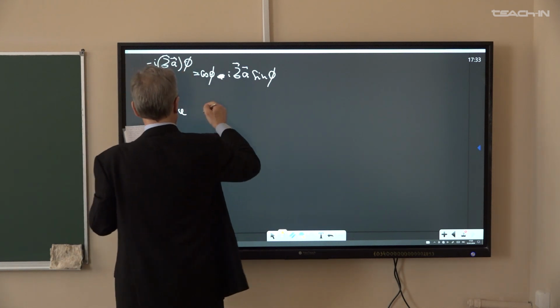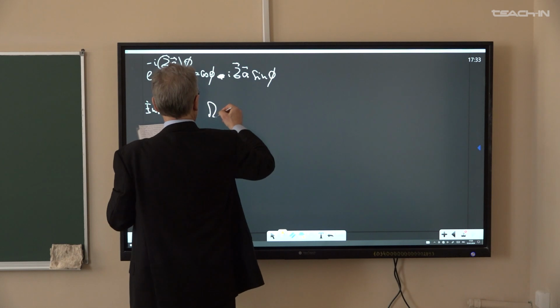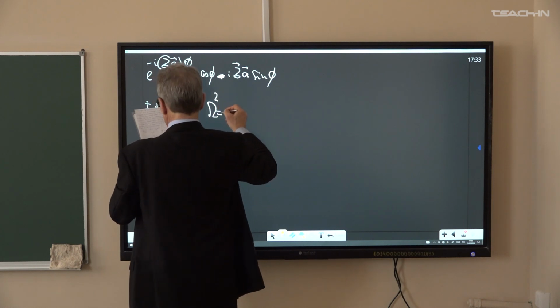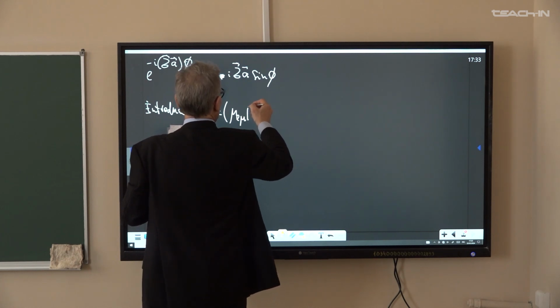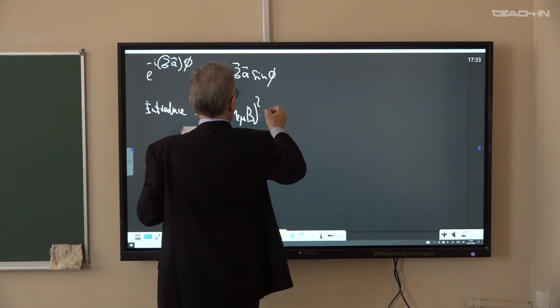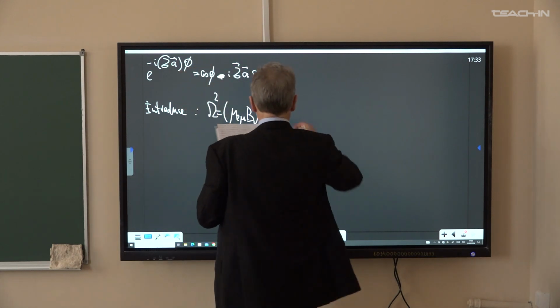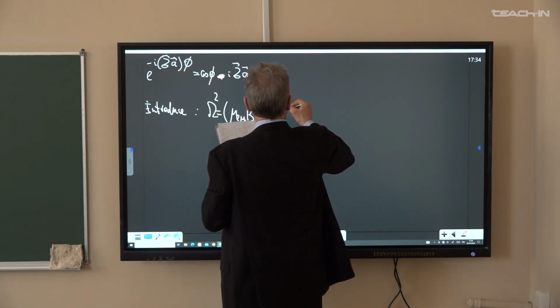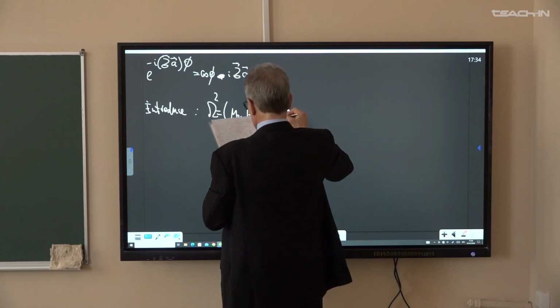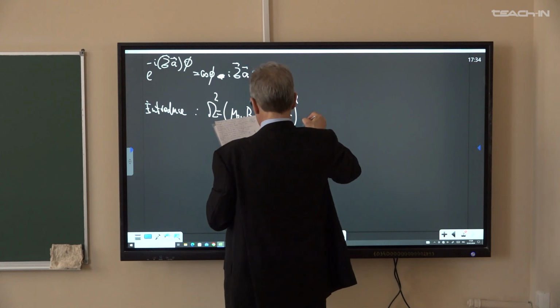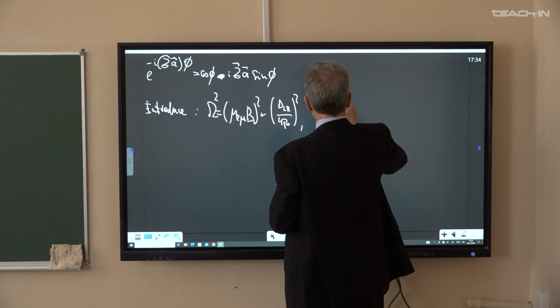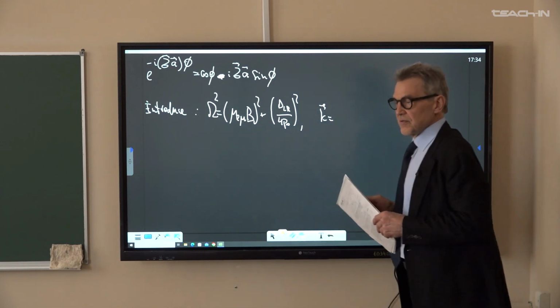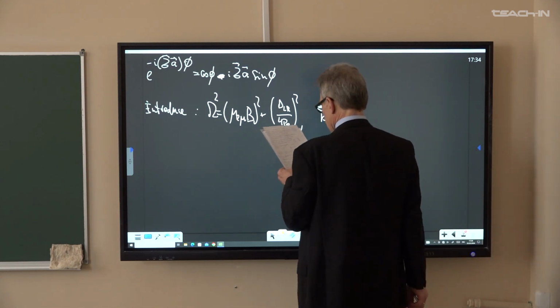Omega squared equals magnetic moment multiplied by the field squared plus delta LR divided by 4 energy squared. And also we introduce a vector K with the following components, a three-dimensional vector.